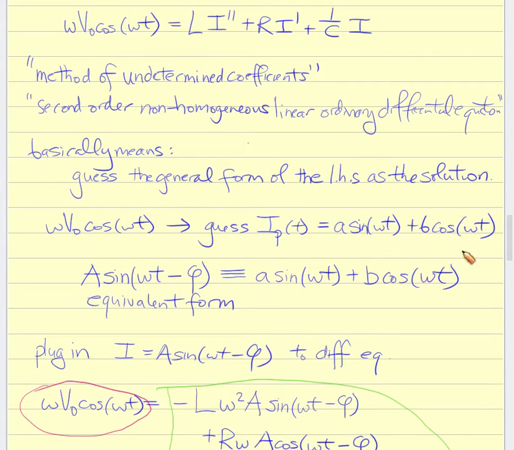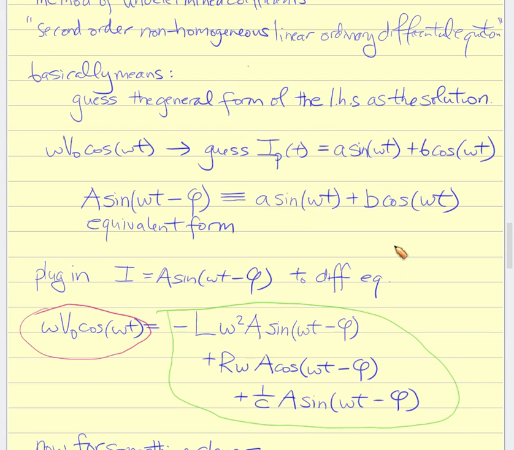Alright, let's do that. But actually, on second thought, what if instead of using sines and cosines, we use a different form of that? What we're going to do, because it's going to turn out to be more convenient, is use an equivalent form of sines and cosines. And that's A sine omega t minus phi. You can do some trig identities to show that it's equivalent.